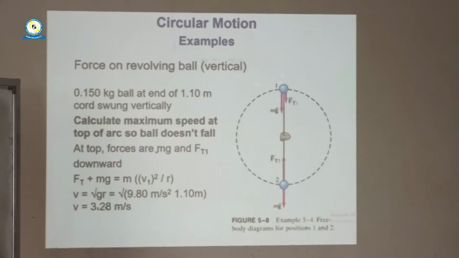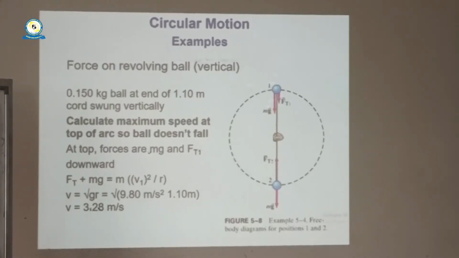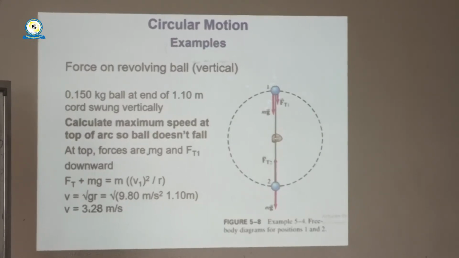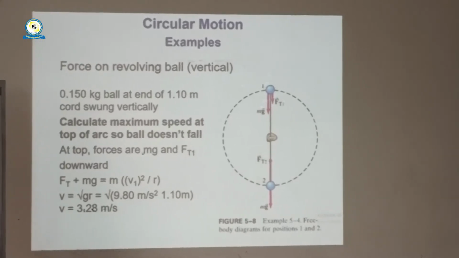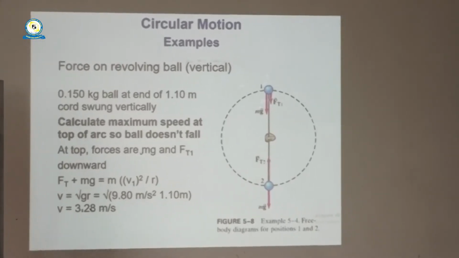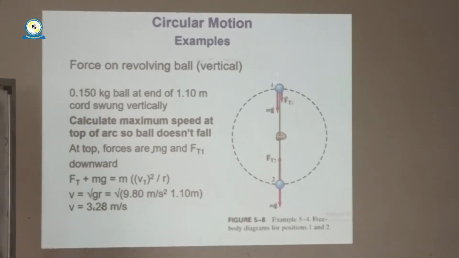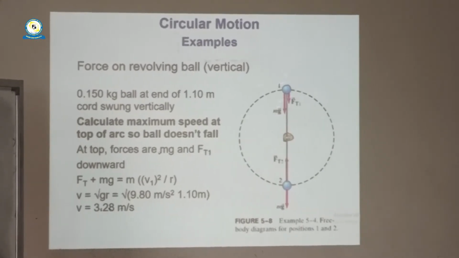A 0.15 kilogram ball at the end of a 1.1 meter cord swung vertically. Calculate the speed at the top of the arc so the ball doesn't fall. At the top the forces are mg.